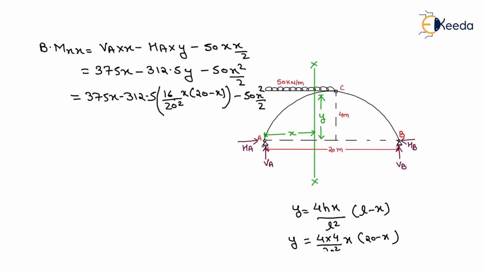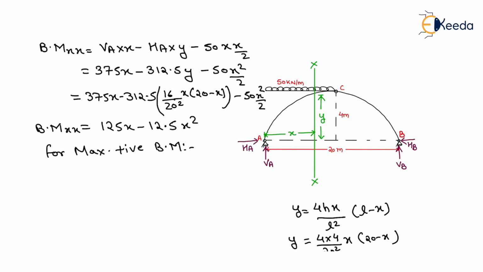On solving this, we get the final equation as 125x minus 12.5x square. That will be the final bending moment equation about x. Now for the maximum positive bending moment, we need to differentiate the equation of bending moment with respect to x.